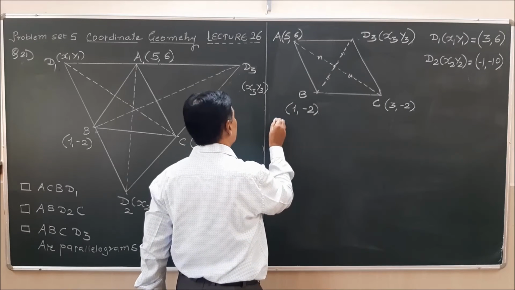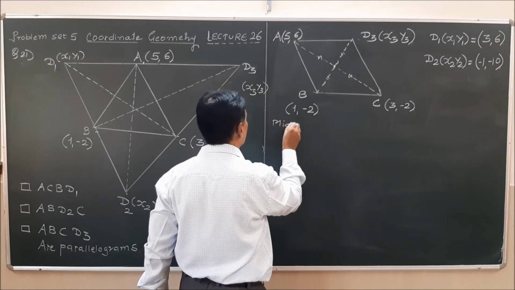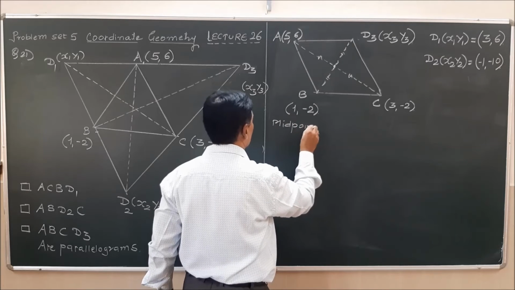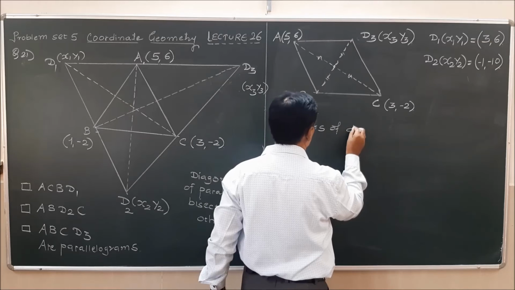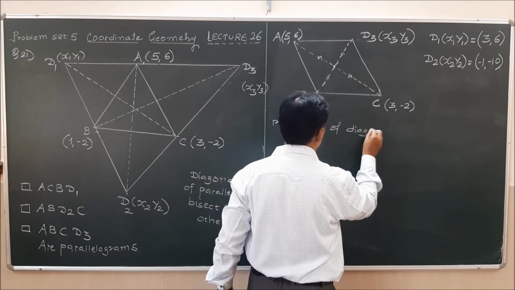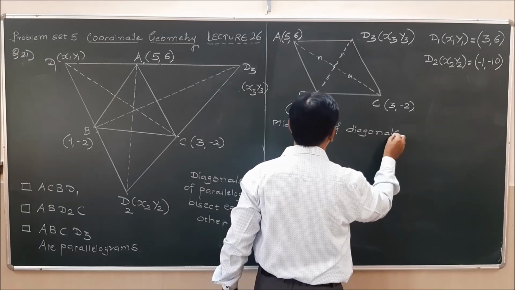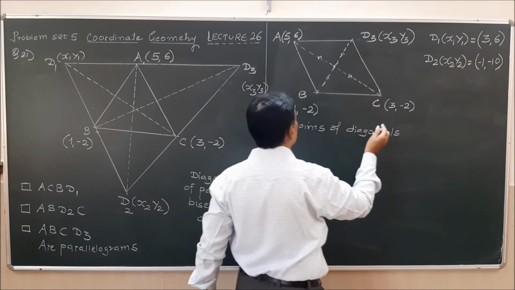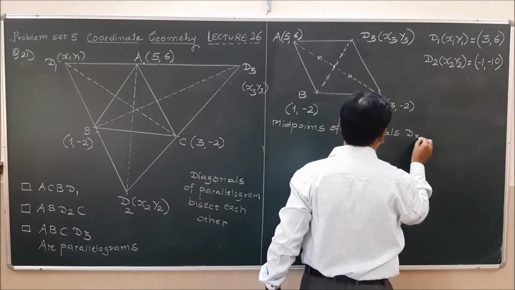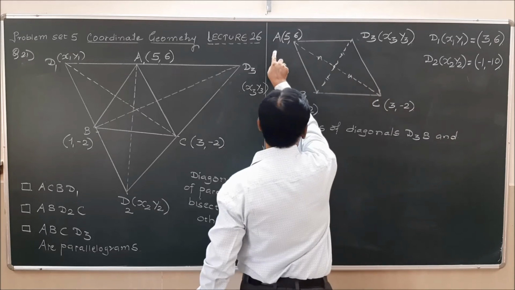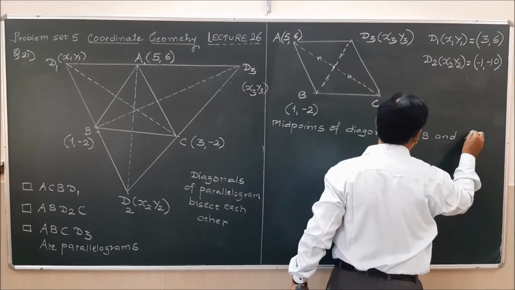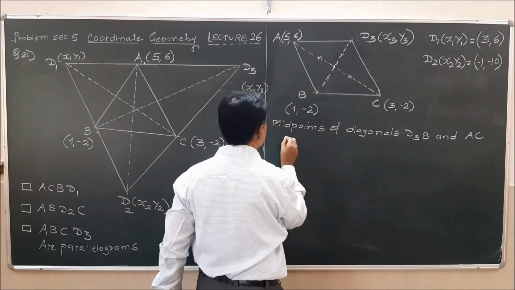Now I'll say again, midpoints of diagonals D3B and AC are same.